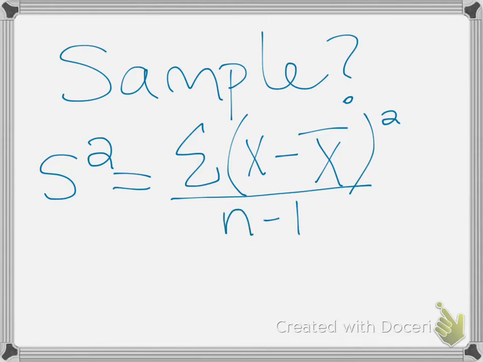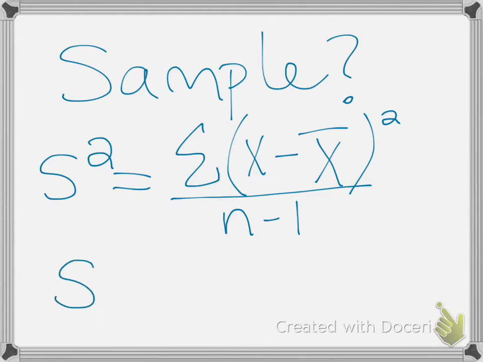It's really technical, and so I'm really not going to get into that, but the basic gist of it is that if we just use n, it tends to underestimate the population variance, and so it's just something to remember. If you're asked to calculate the variation of a sample and not a population, your denominator needs to be n minus 1.